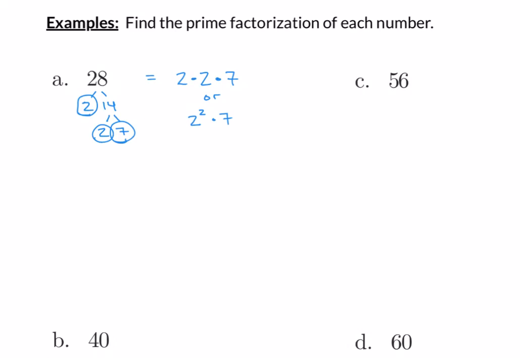Now just to show you it doesn't matter how you started off with 28, what's another set of numbers that multiplies to 28? If you want, you can go 4 and 7. Is 4 prime? The answer is no. This is equal to 2 times 2. Is 7 prime?